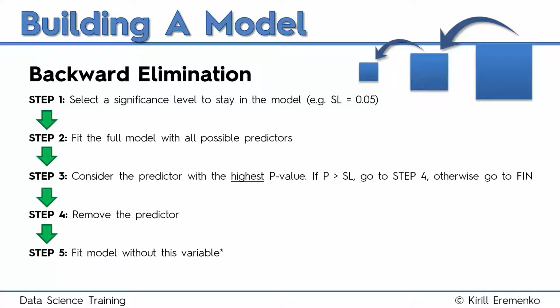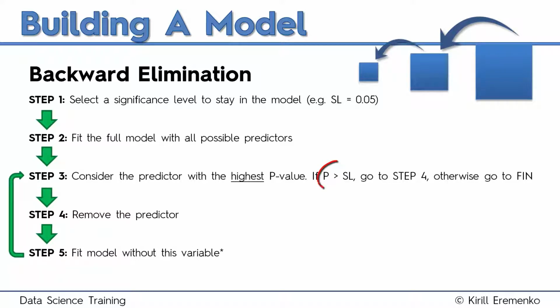And so after step 5, you go back to step 3. Once again, you look for the variable with the highest p-value in your new model, you remove it, you fit the model again with one less variable, and so on. You keep doing that until you come to a point where even the variable with the highest p-value is still less than your significance level.